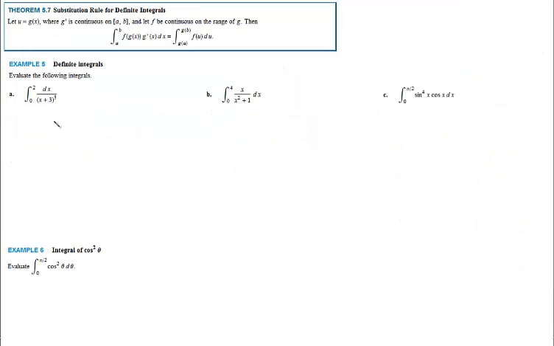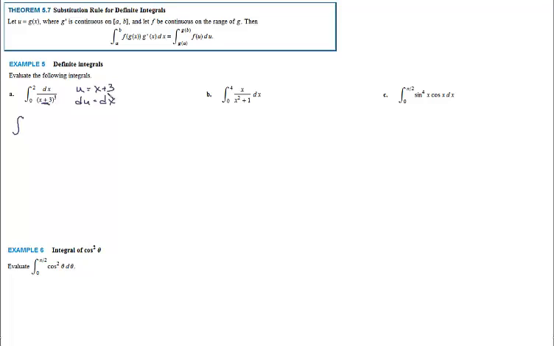Okay, we're going to do the substitution rule used for these definite integrals. I see the inside function as being this, u equals x plus 3, therefore du equals dx. Now when x is 2, then u would be, so my limits of integration aren't the same because I'm changing this to u's.